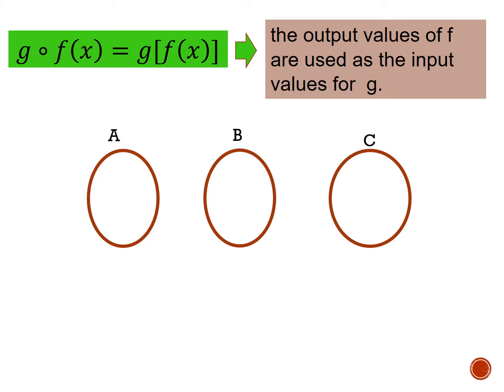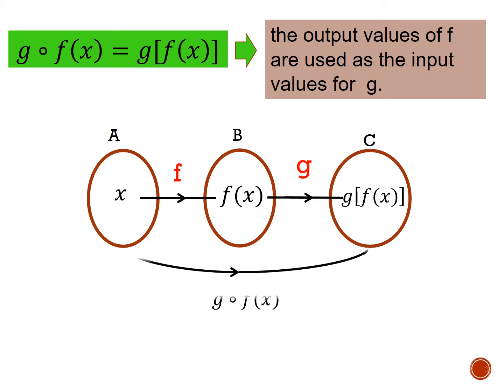Let's say we have three sets, namely set A, set B, set C. The function f is moving from set A to B, and function g is moving from B to set C. We put x into f, then it becomes f(x). Then f(x) is substituted into g, and we get g(f(x)). Finally, g composite f of x is moving from set A to set C.